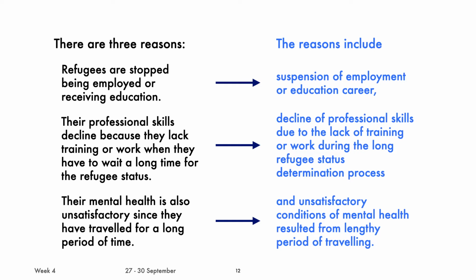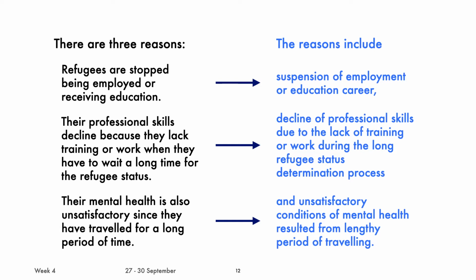In the second sentence, decline can be used both as a verb and a noun. So you can say a decline in professional skills or decline of professional skills due to the lack of training. So the verb lack was turned into the lack. And again, the verb lack can also be used as a verb.